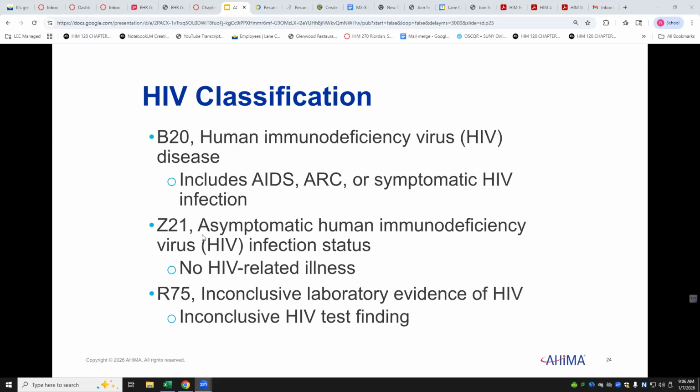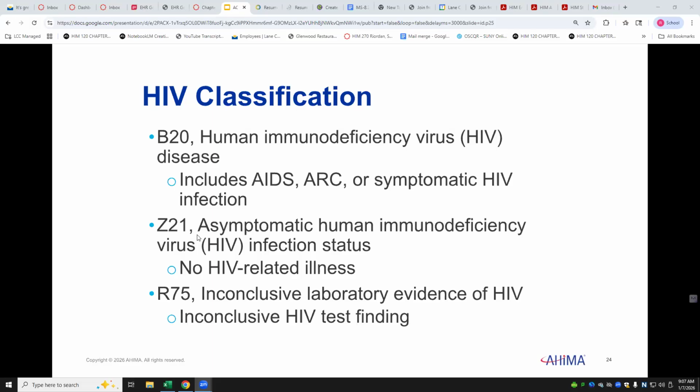How we classify AIDS: if people have HIV disease, and you may see this documented as AIDS, AIDS-related complex or ARC, or symptomatic HIV infection, this is code B20. Z21 is asymptomatic HIV infection.